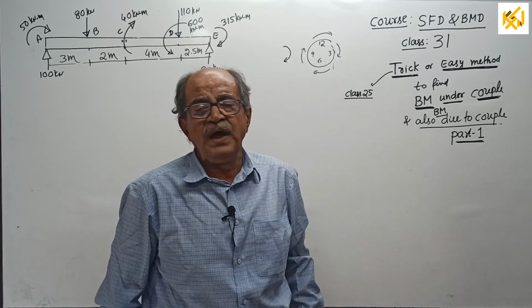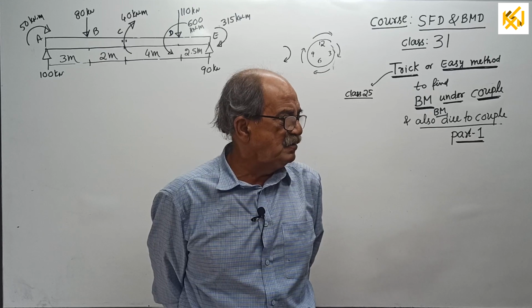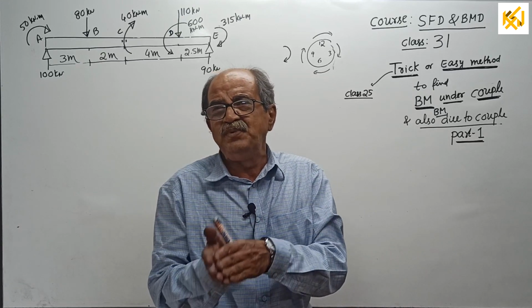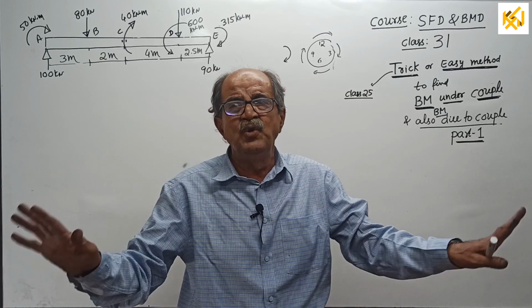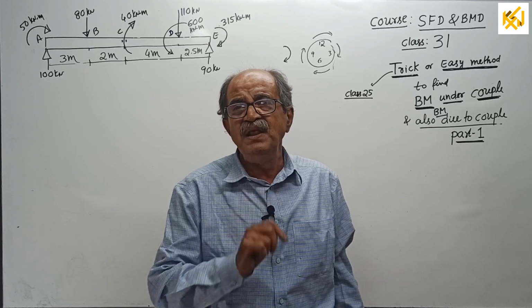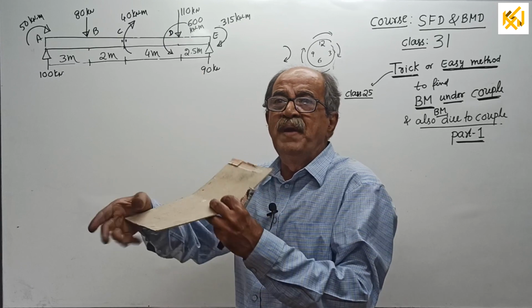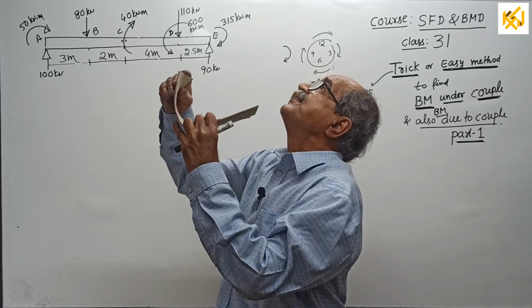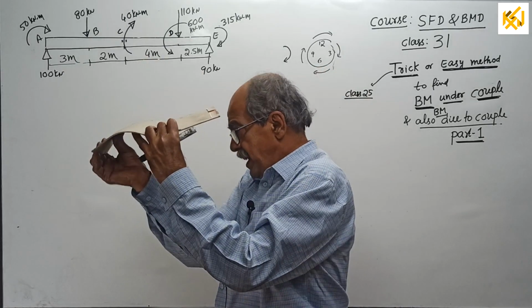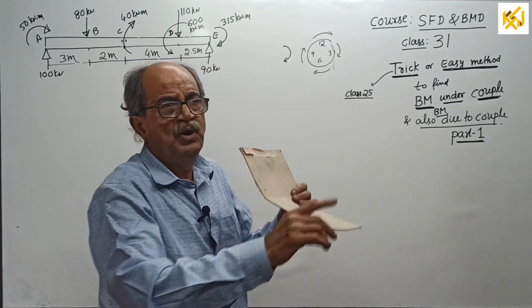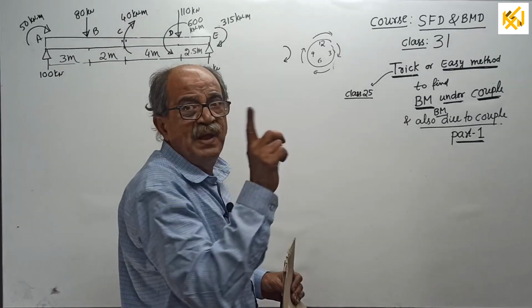If you have to find bending moment due to a couple, whether it is just to left or just to right or wherever you find, some principles are useful. As I told earlier, bending moment: plus sagging, minus hogging. I already told you. Class number 25, once again go through.